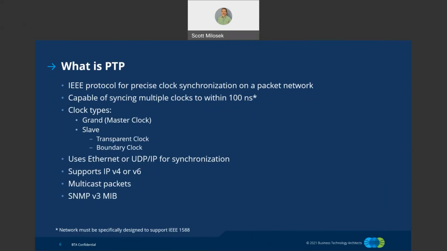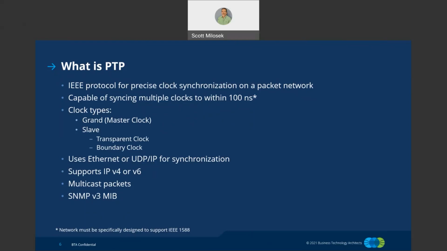The protocol is capable of syncing multiple clocks on your network to within 100 nanoseconds of each other. And I'll stress again that is provided that you've built your network according to the IEEE 1588 design specifications for this type of network.